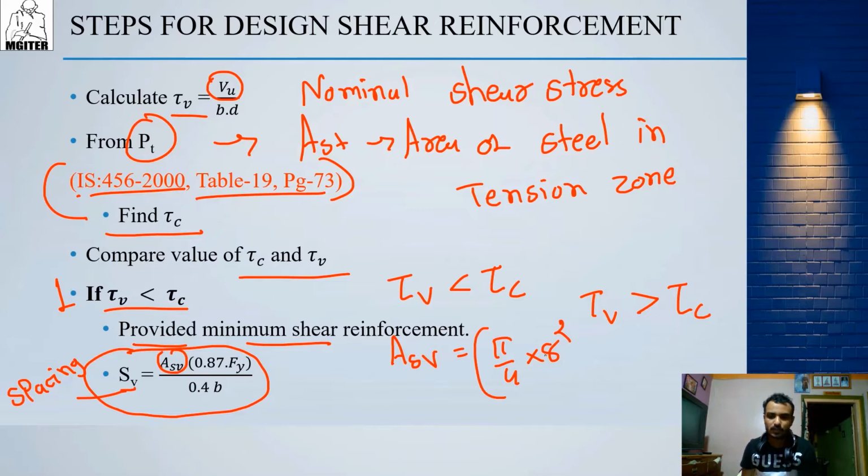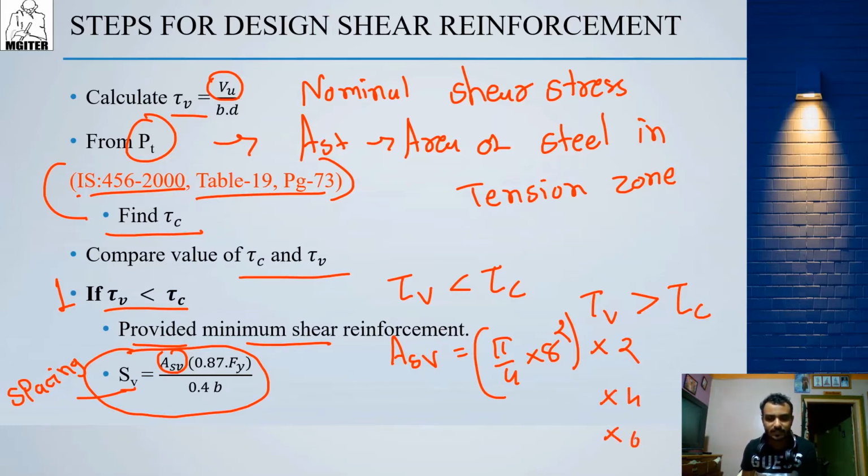But if your stirrups are two-legged, at that time we have to multiply by 2. Okay, so the ASV equation is pi by 4 into 8 whole square into 2. If it is 4-leg stirrups, then multiply by 4.